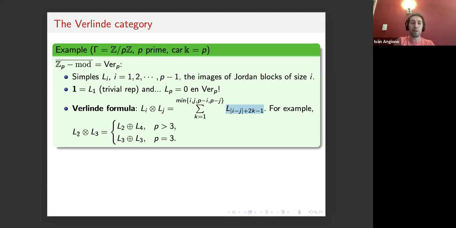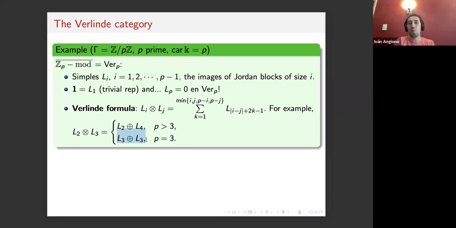Let me show you an example, L2 times L3. The usual Verlinde formula says that it is L2 plus L4. But this holds for p bigger than 3. When you do this computation in characteristic 3, what happens is that up in the representation of the cyclic group, L2 times L3 decomposes as the sum of 2 L3.